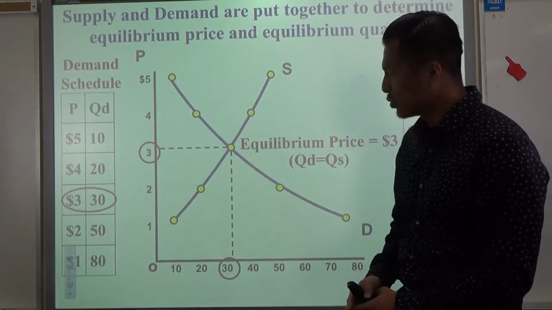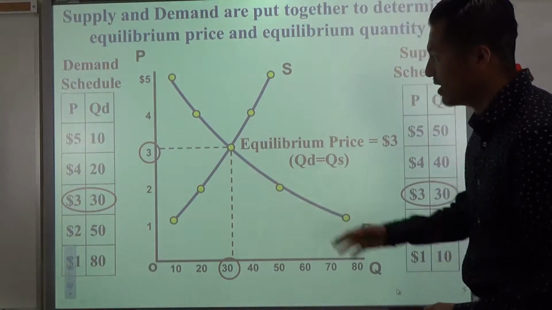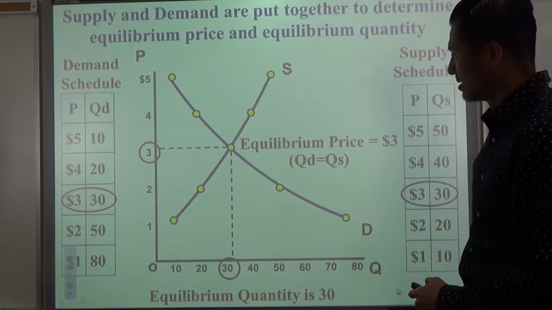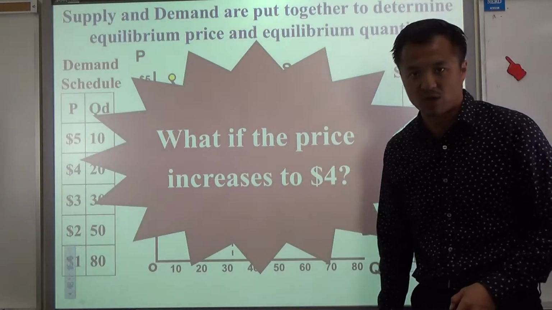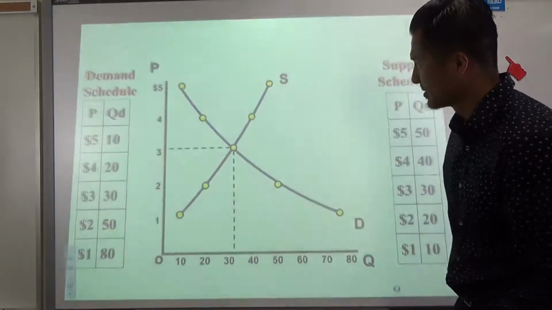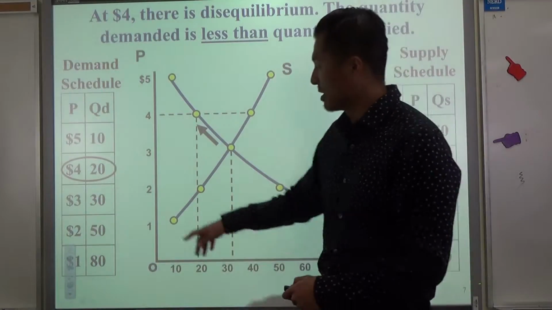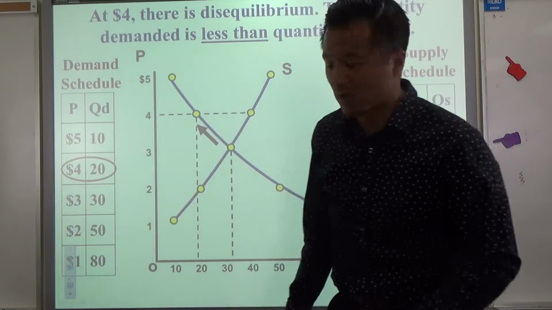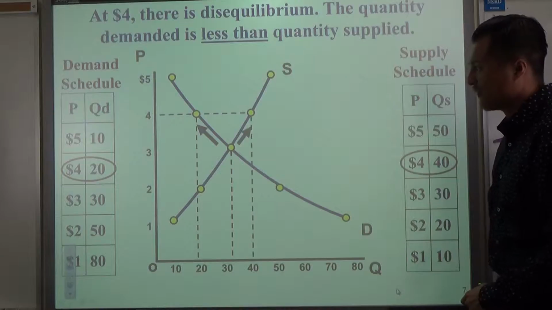Okay, let's go ahead and increase the price of cereal. So it says, what if the price increases to $4? Let's increase it to $4. All right, notice what happens right here. We are above equilibrium. The amount that is demanded at $4 is 20. The amount that is supplied is 40.